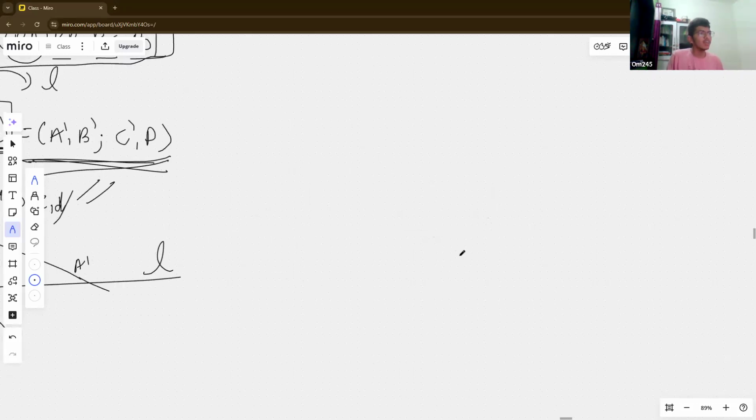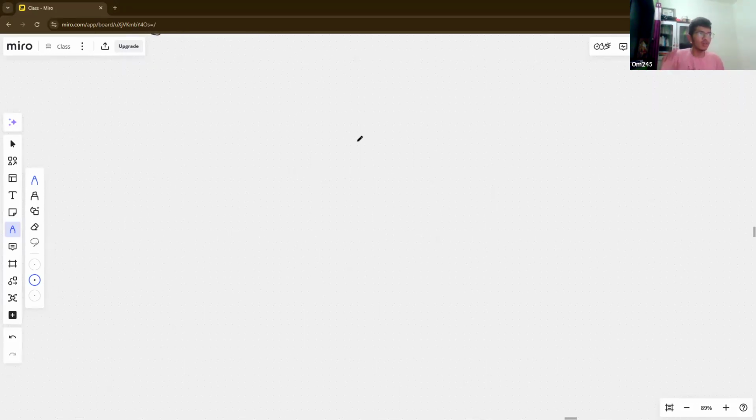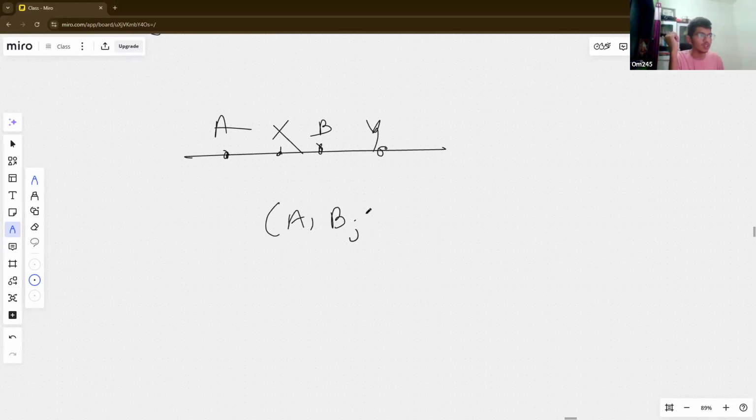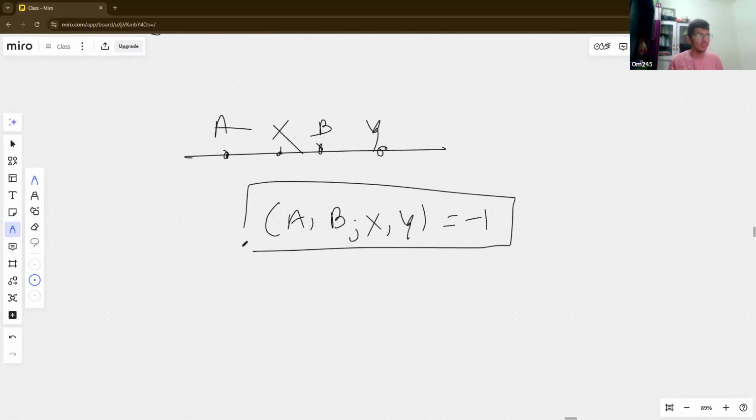Okay, but anyway, now we will come to one of the main points. The cross ratio (A, B; X, Y) can be negative too. If this cross ratio becomes -1, then everyone cheers up, because that cross ratio of -1 is what we call harmonic.